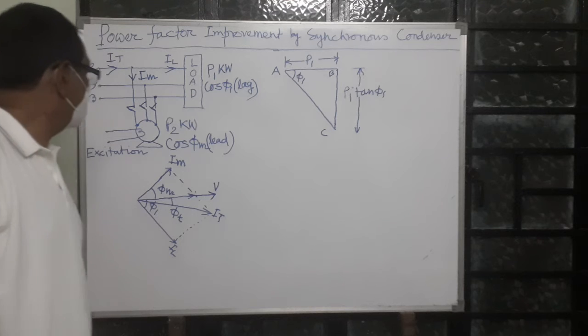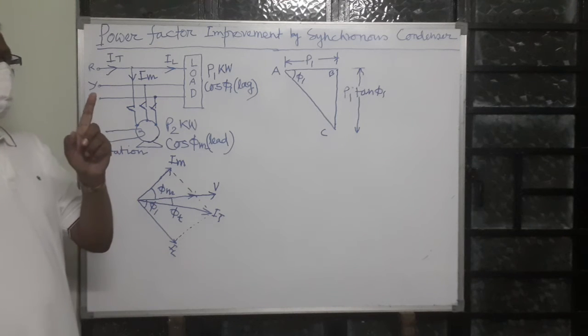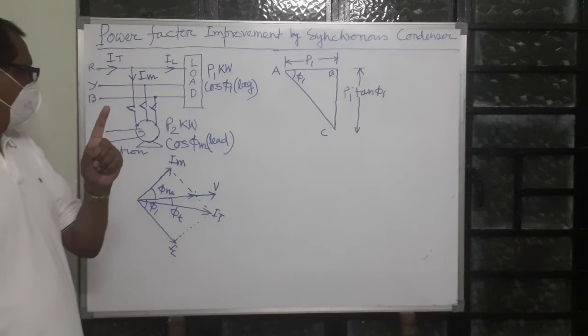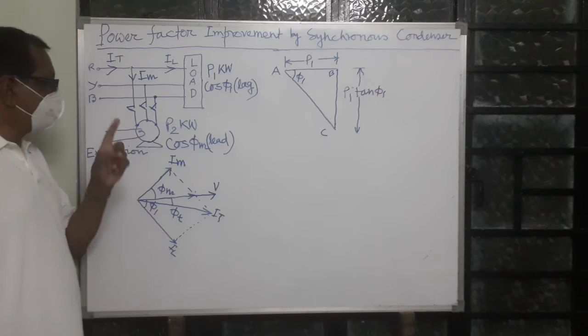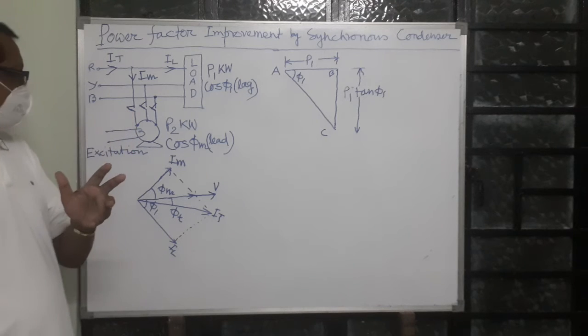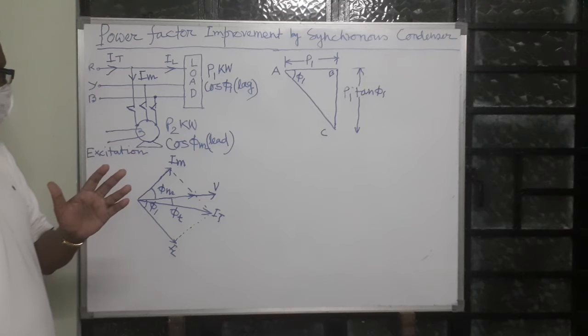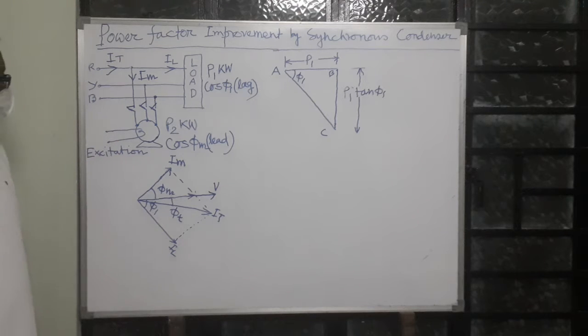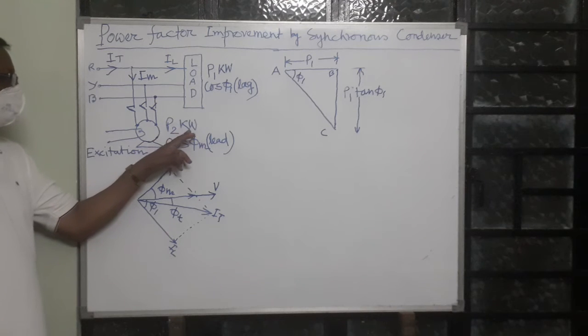Now, we know a static condenser does not take any power. Here, as the synchronous machine is a rotating device, it always takes some power. Suppose the motor takes power from the supply, P2 kilowatt.